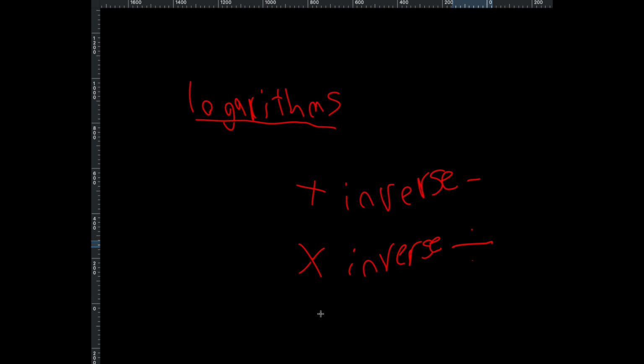So for exponents, x to the y, its inverse is the logarithm. I'm just going to write log, with parentheses so it won't be mistaken for inverse log.